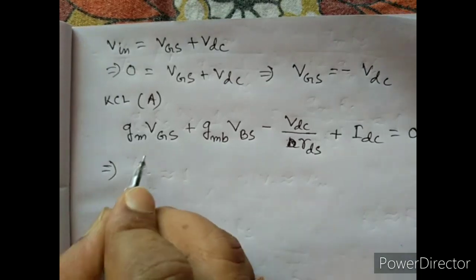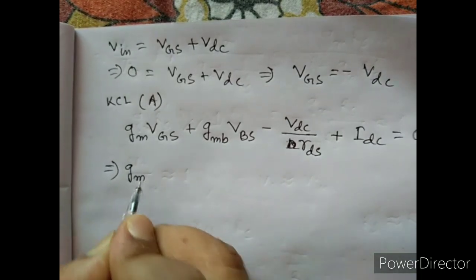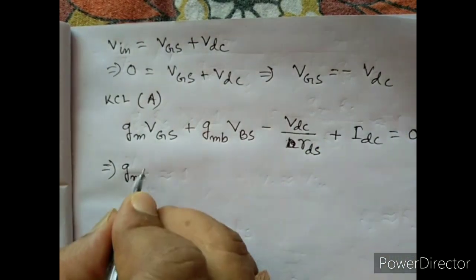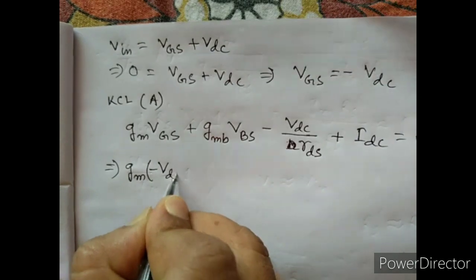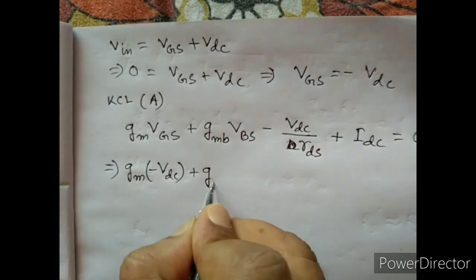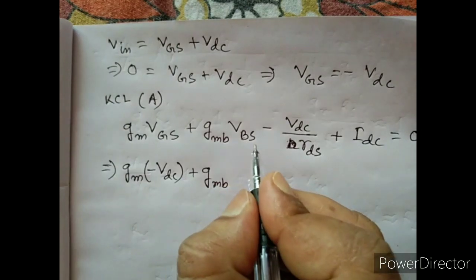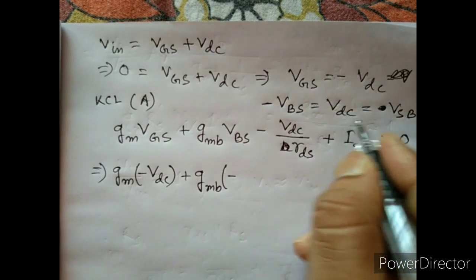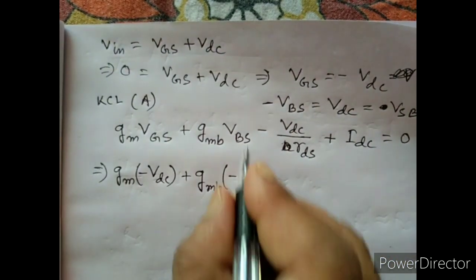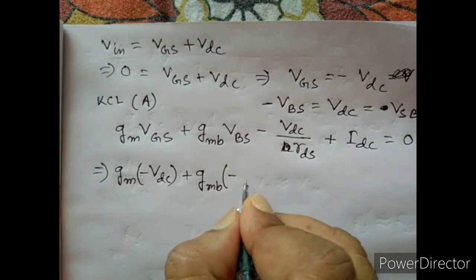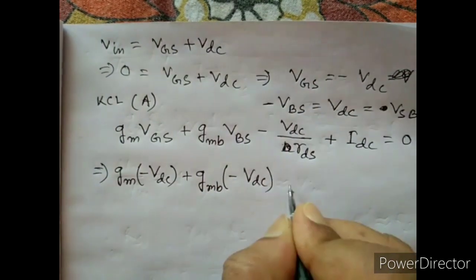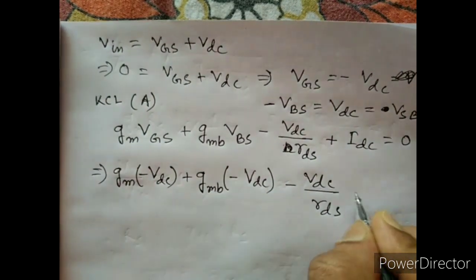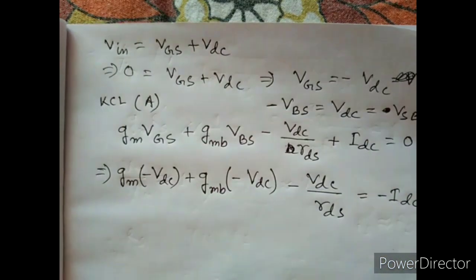So from there we can write gm VGS equals minus VDC. So minus VDC plus gmb VBS, and VBS equals minus VDC, by rds equals minus IDC.